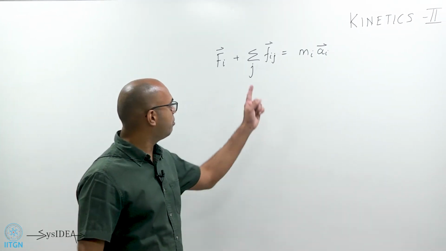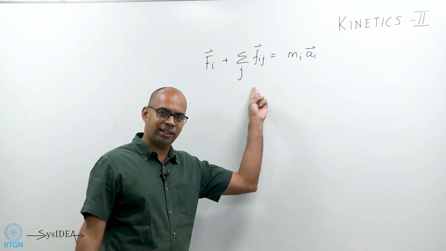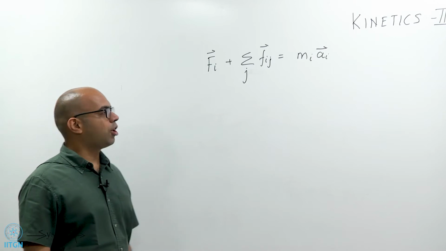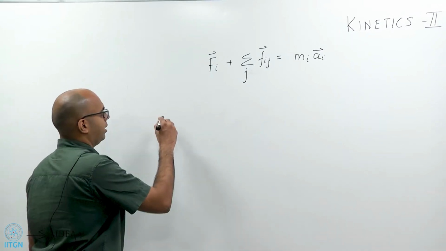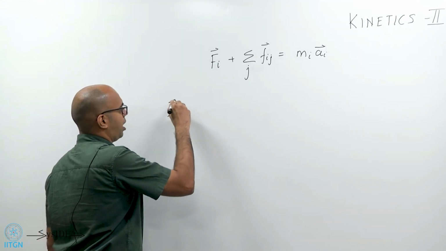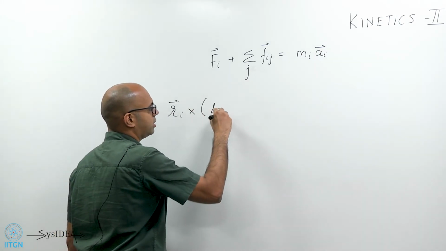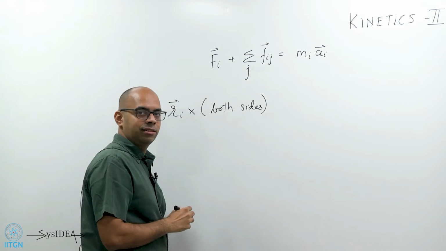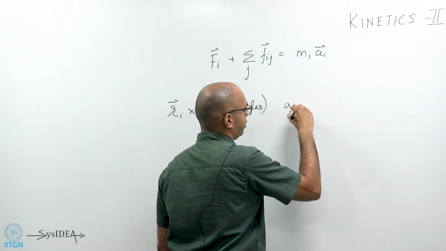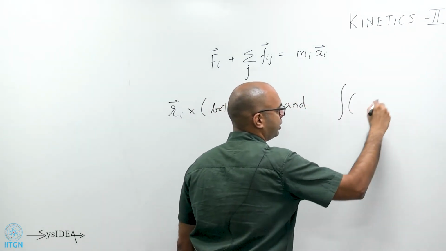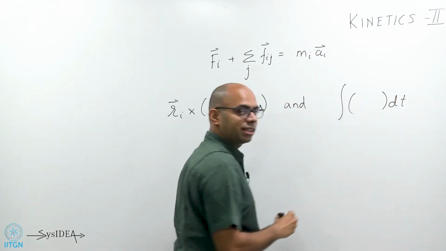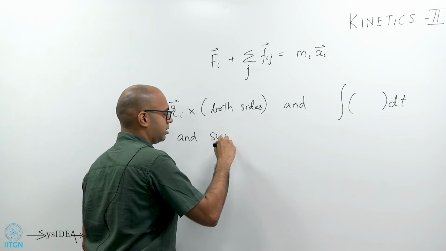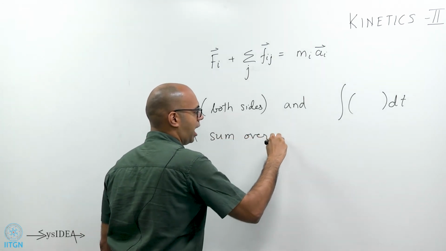For that, let's go back to our basic equation again. This is Newton's law applied to a single particle. Now let us again do Ri cross both sides. But in addition, let us also integrate with respect to dt on both sides, and sum over i particles.